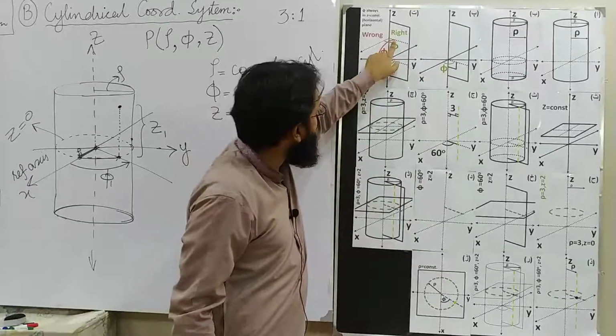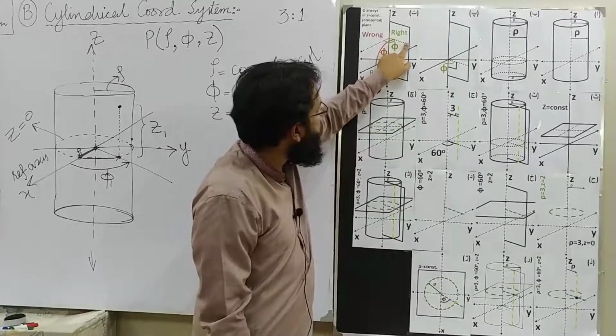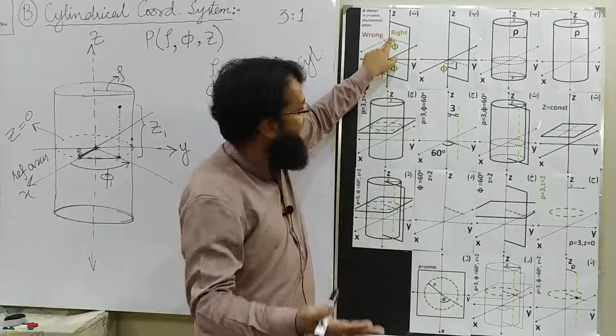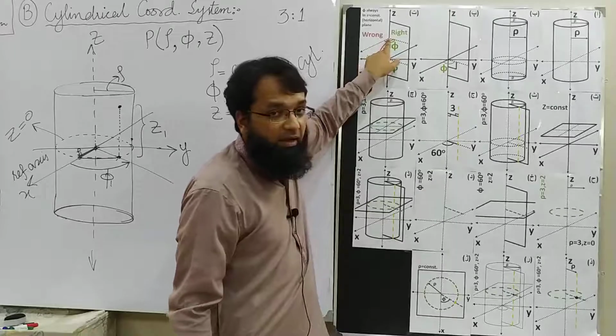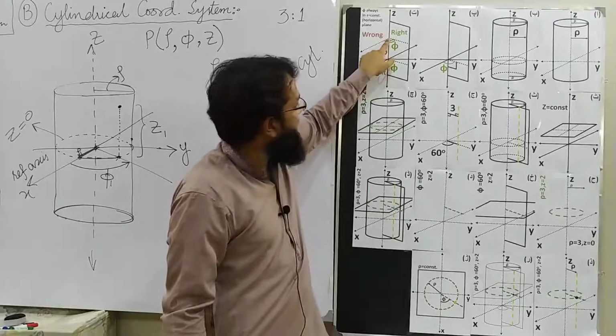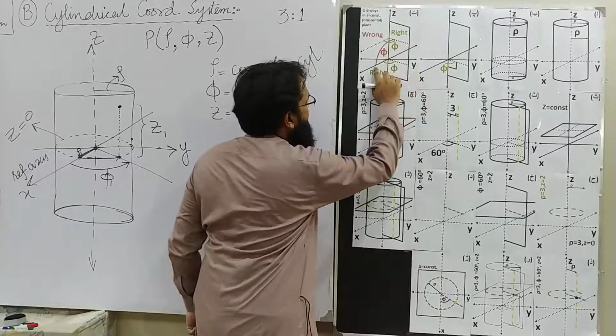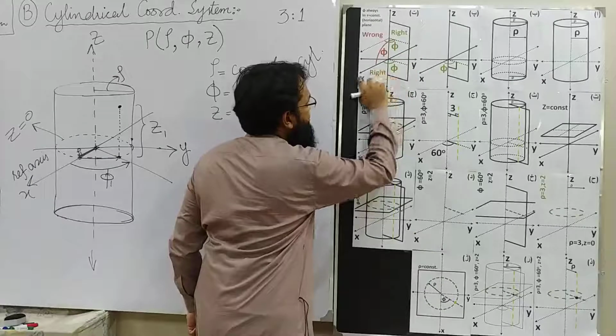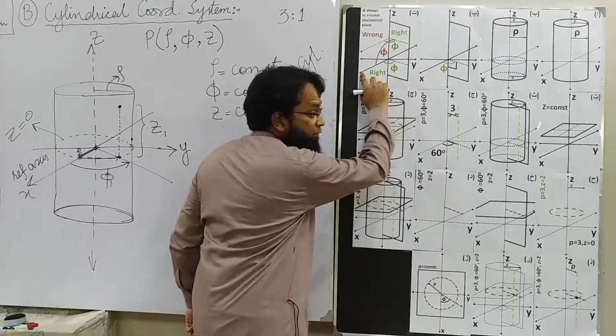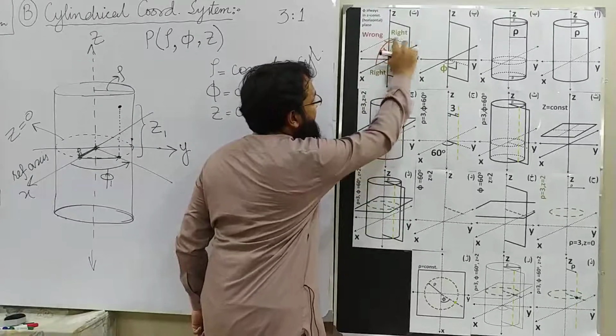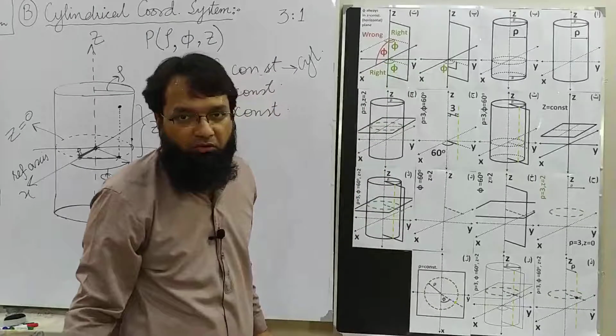This line should be on the z equals z1 plane and this axis should be on the same plane. If you try to measure the angle with respect to the x-axis which is on the z equals 0 plane, it will give you a wrong value.